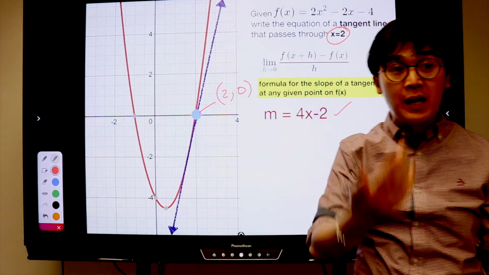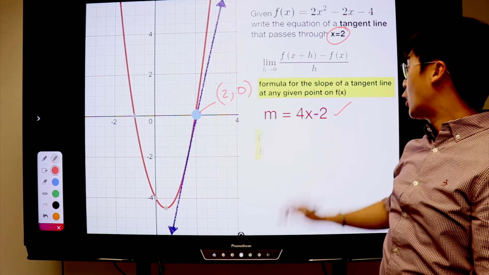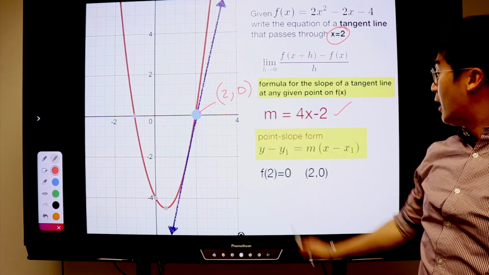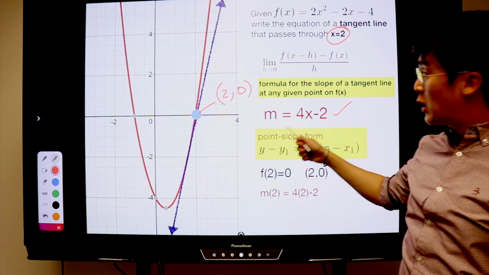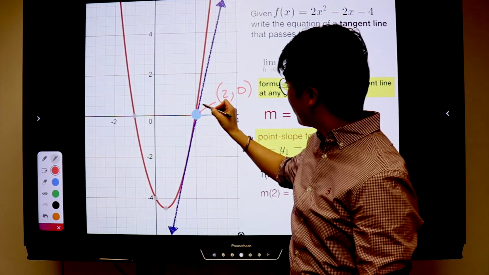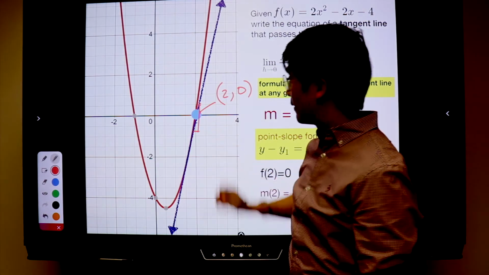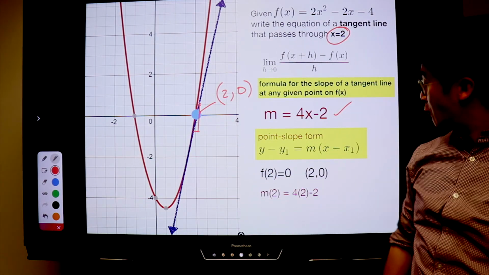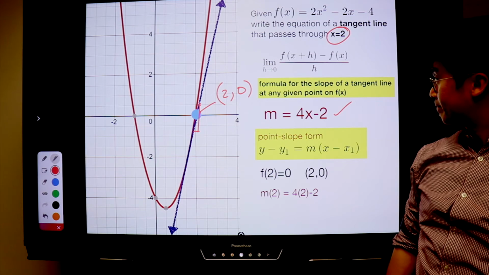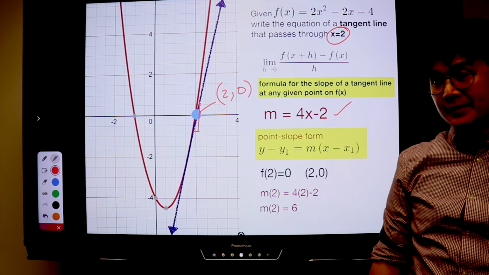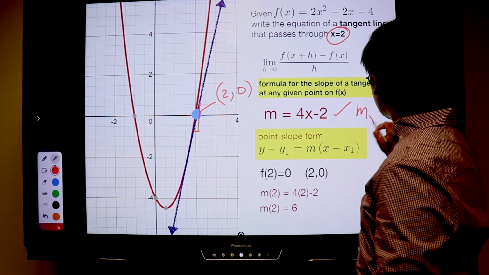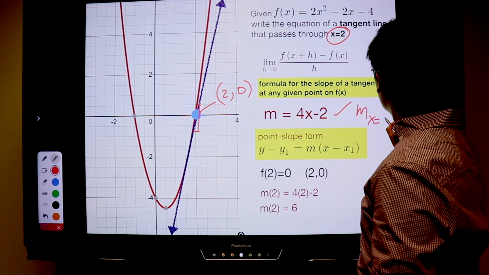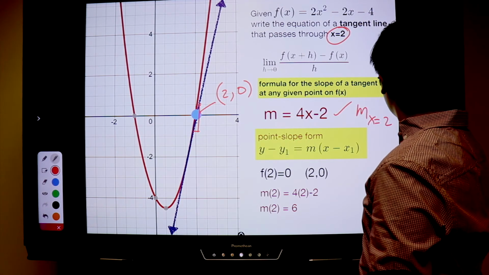It needs to be a number or numerical value. We're going to plug in the value of x into the equation of the slope so we can find the slope of this line right here. And what is it equal to? 6. So now we have the slope at x equal to 2, which is 6.